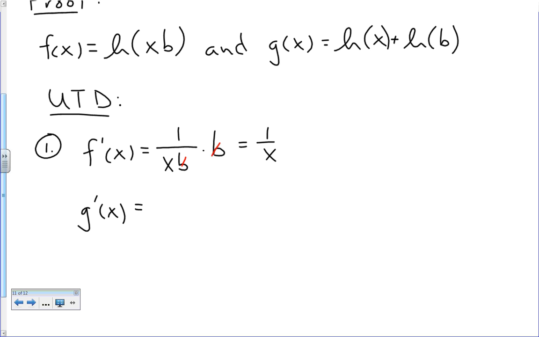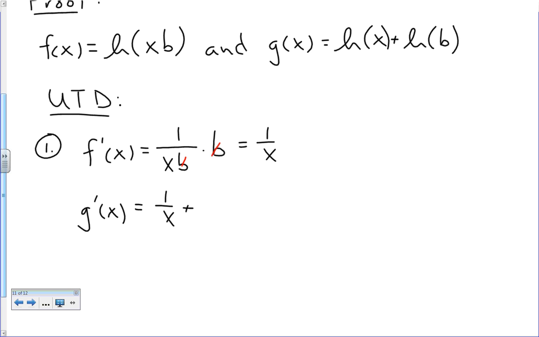Take a look at the second function, g prime of x. So again, this is based on the ln of x as the definite integral from 1 to x of 1 over t dt. So the derivative of ln of x, we actually have a sum of two functions, so use your sum property first. The derivative of the first function, we've already stated, is 1 over x, plus the derivative of ln of b.